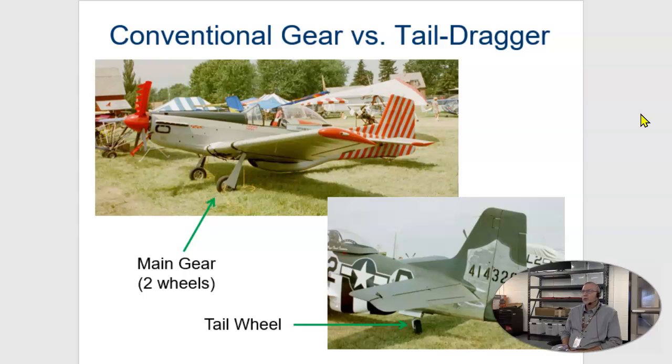Let's talk about tail draggers for a moment. These have very large engines in the front. Consider the one at the top left. What that means for the pilot is when they're approaching runways, they have a big engine in front of them and it's very difficult to see. This was a problem when you wanted to land on an aircraft carrier, and this happened a lot in World War II.